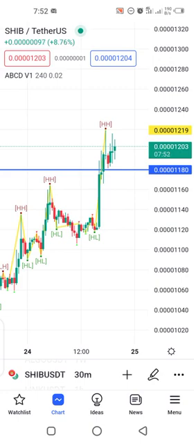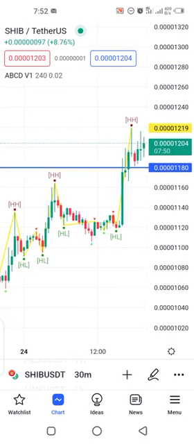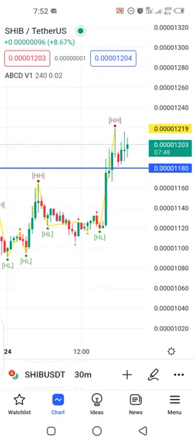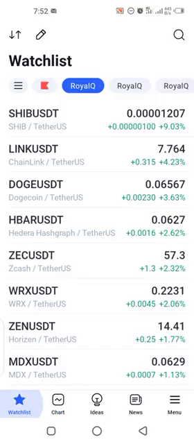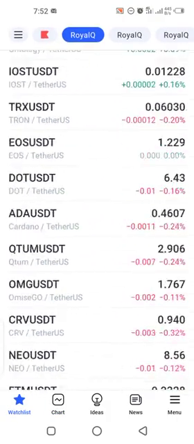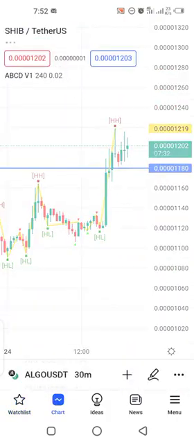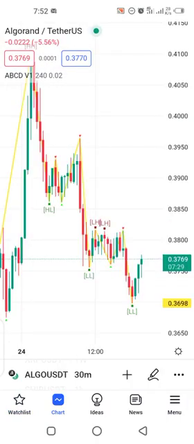Now, let us talk about circumstances when the market goes against you. I would say it is important for you to have what I personally call margin call configuration. Now, you have been able to pick your trade. For example, let me use algo in the 30 minutes time frame.